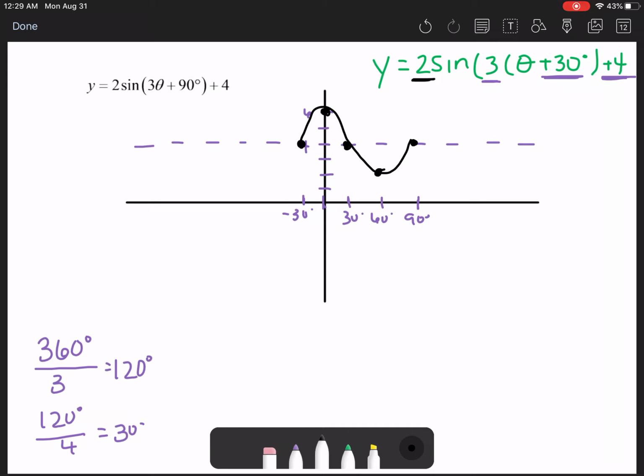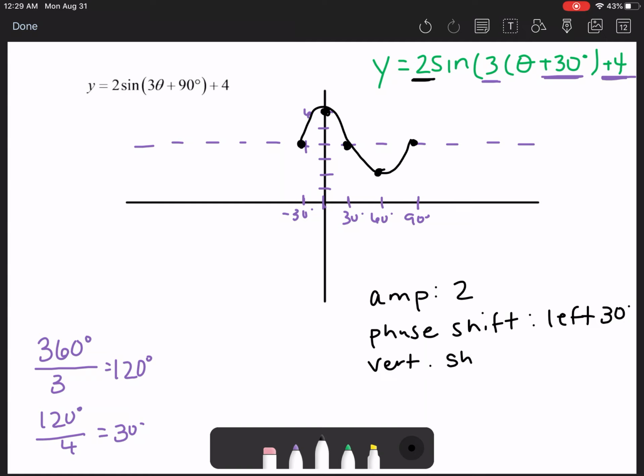Okay, so if we look at this graph, it has an amplitude of 2. Okay, it had a phase shift, which means a horizontal shift. A phase shift, we say it went left 30 degrees. Our vertical shift, or our vertical translation, it's sometimes called, that went up 4.